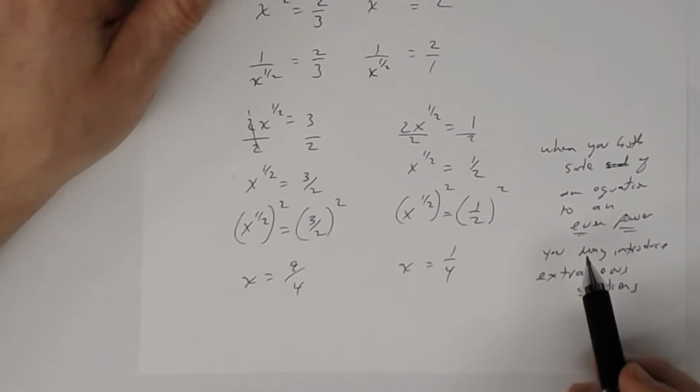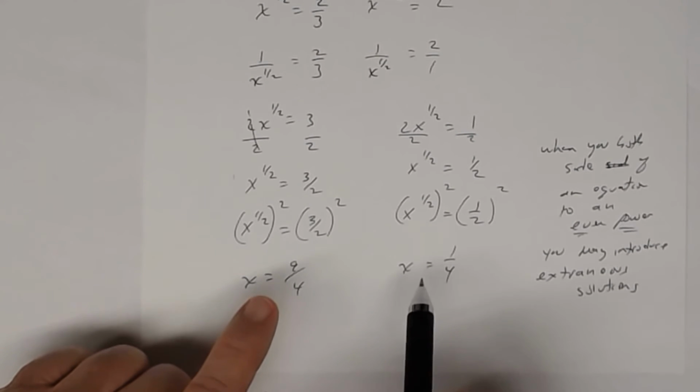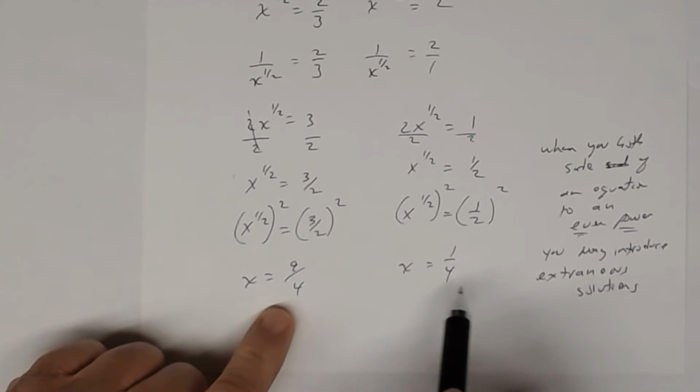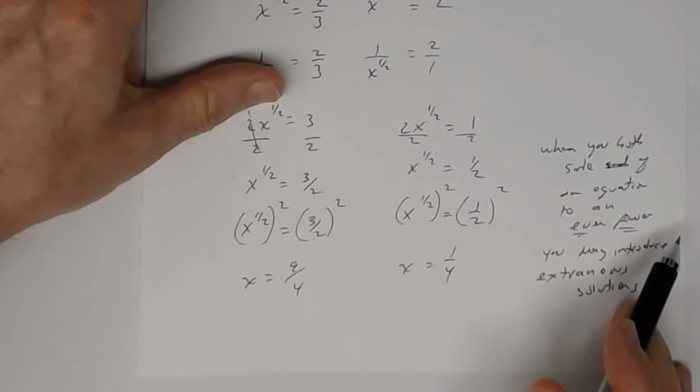Okay, so remember that when you raise both sides to an even power, which I did, you see that? So one of these or both of these may be extraneous solutions. Extraneous solutions meaning false solutions.